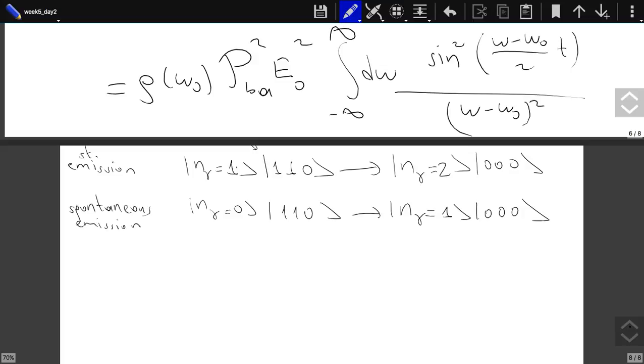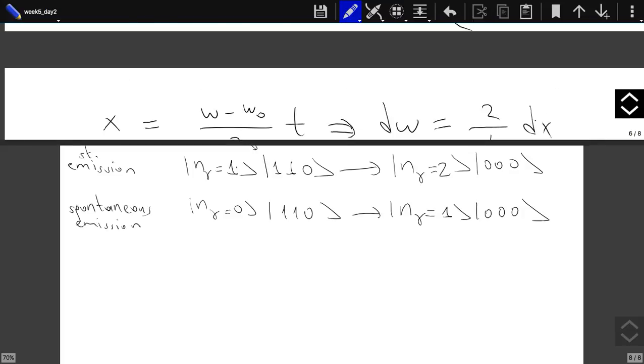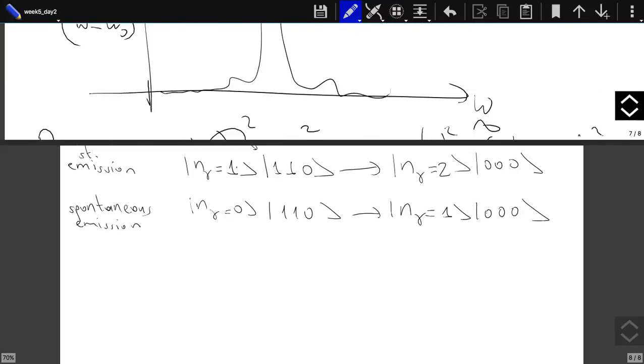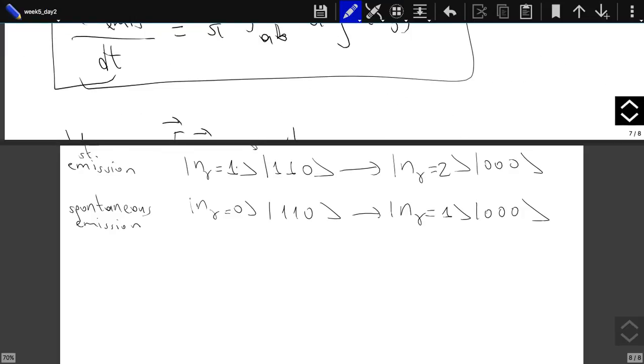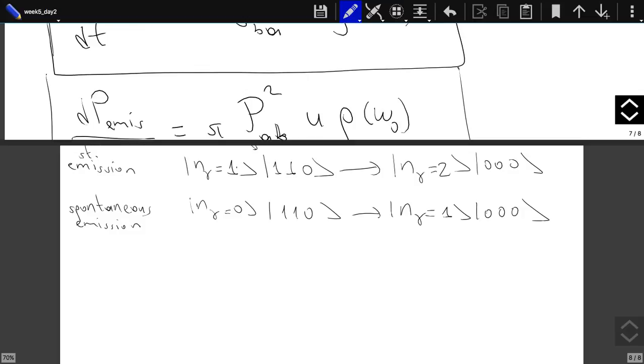Now this, okay, so here we have one result for the emission, and the absorption is also the same, for the absorption of a photon by the atom.